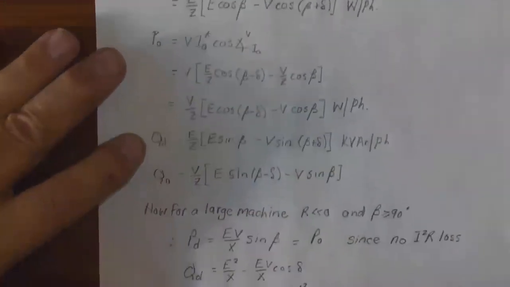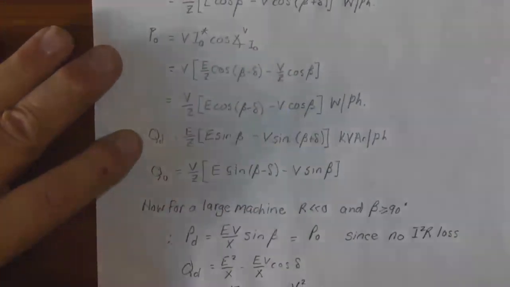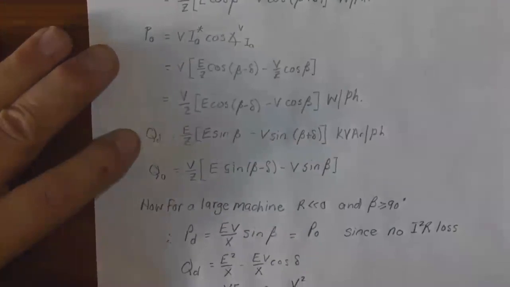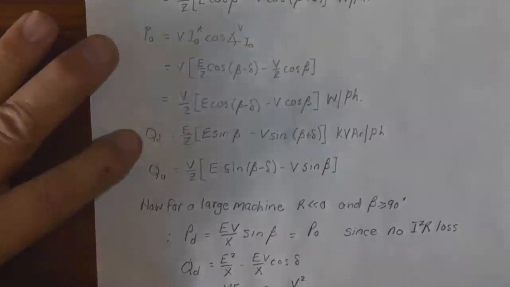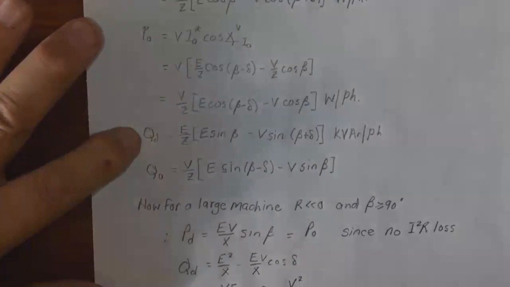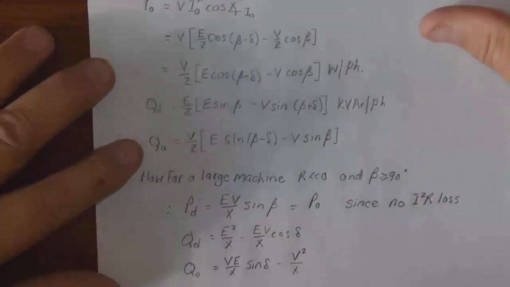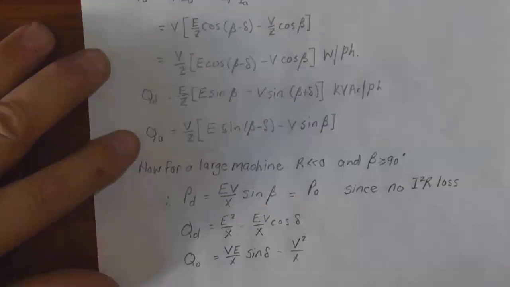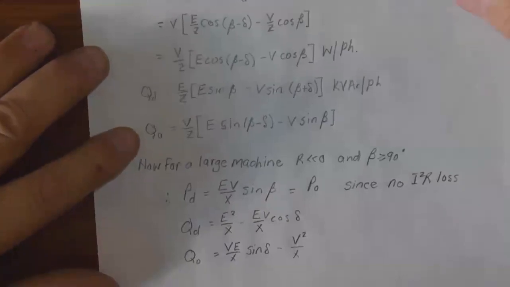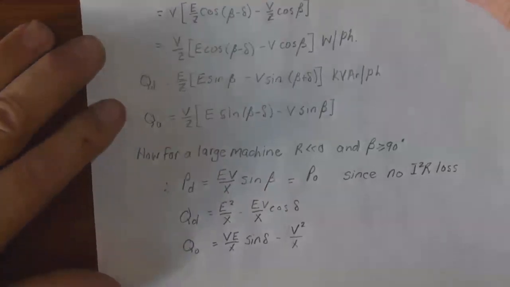Now Q is just sine theta. So therefore we have E over Z times E sine beta minus V sine beta plus delta. And the output power is V over Z times E sine beta minus delta minus V sine beta.